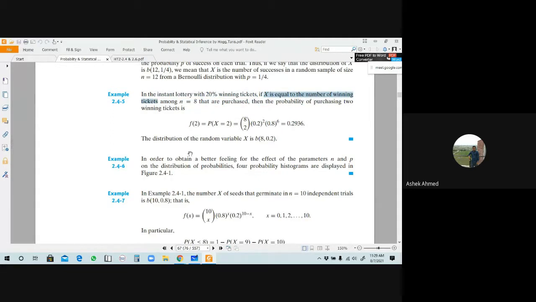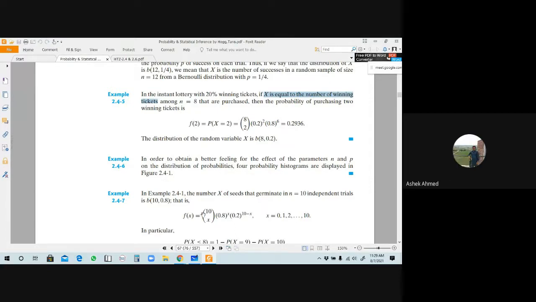So no winning ticket means the value of x will be what? Respond to me. In this question, x was the number of winning tickets, but x equals 0, what do you mean by x equals 0? There are no winning tickets. In that case the value of x will be what? Respond to me. 0.